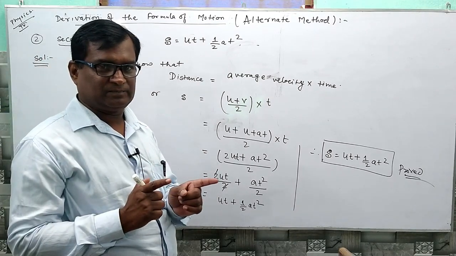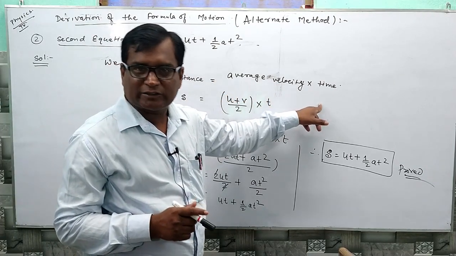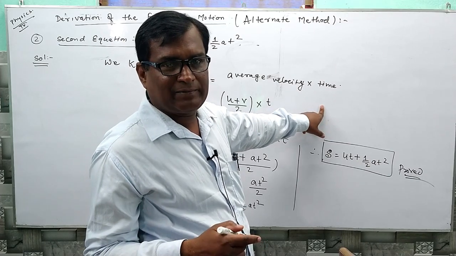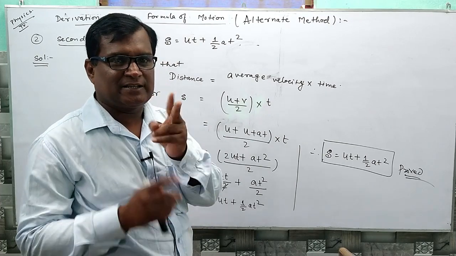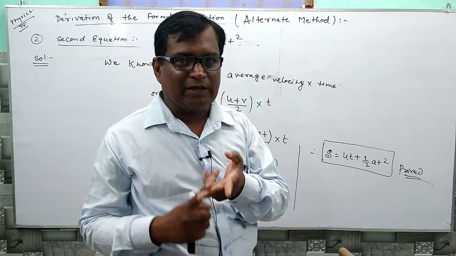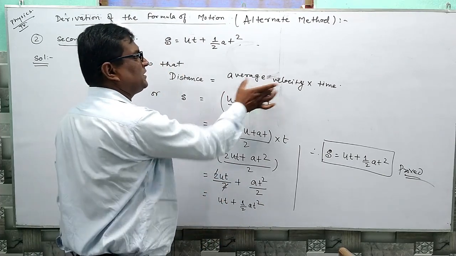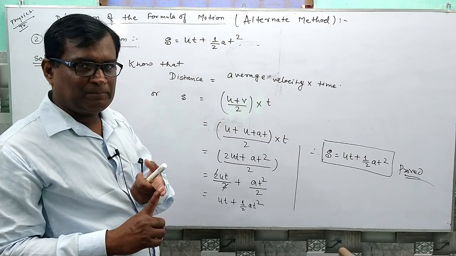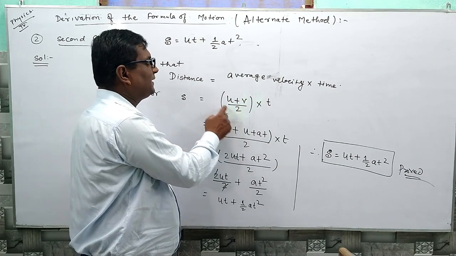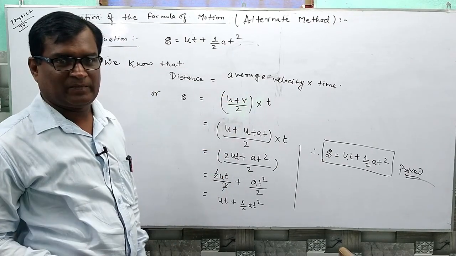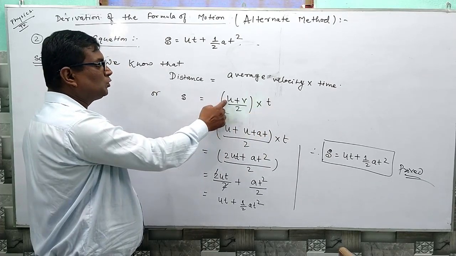As you know, distance equal to average velocity into time. If you have two velocities, one is initial velocity u and the other is v, then average velocity will be the sum of velocities by 2, u plus v by 2, that is average velocity, into time t.